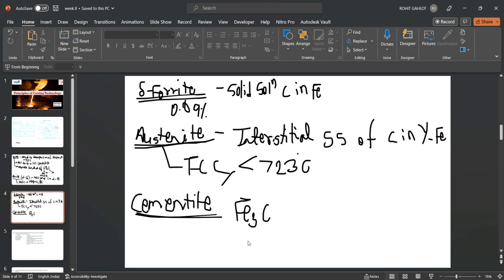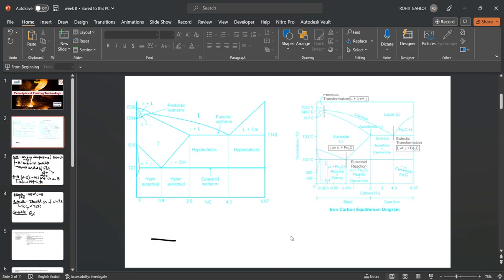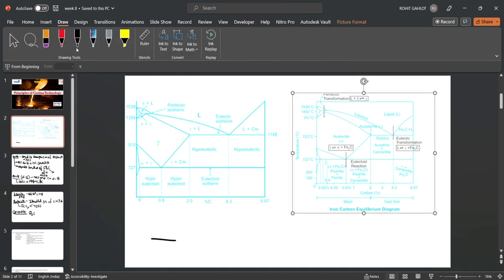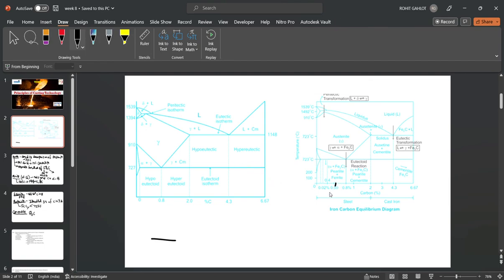Cementite is a hard and brittle substance, and it influences the properties of steel and cast iron. If we see the diagram, the alloy containing around 0.51% of carbon starts solidification with the formation of crystals of delta ferrite.